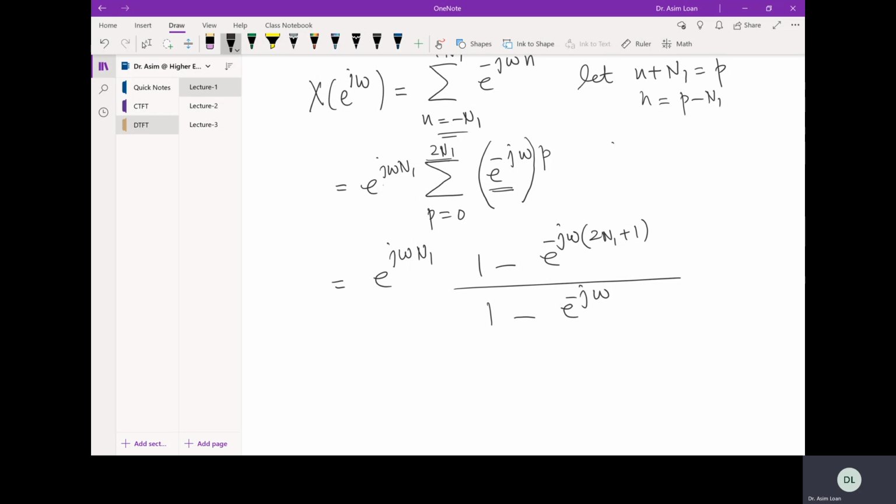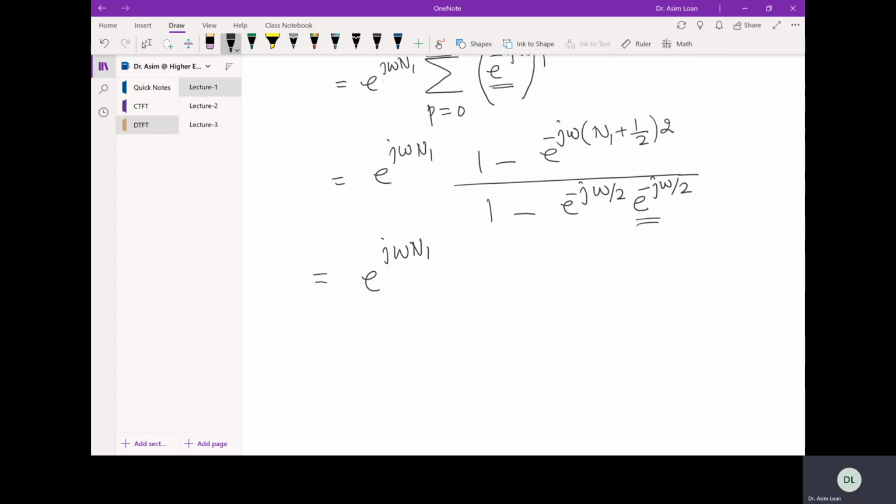The trick to solving this one is I remove this 2 from here, put a half here, and bring this 2 outside. It's one and the same thing. So let me write it neatly. This is n1 plus half into 2. And this I can also write as e j omega 2 e minus j omega by 2. So this one is the phase function e j omega n1. Bring half the angle outside.